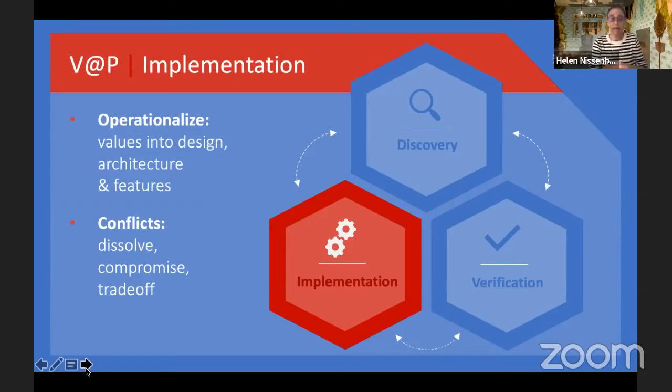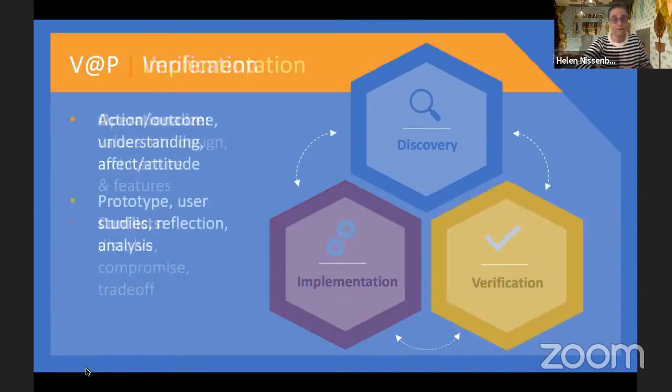But at the same time, you may have values that conflict with one another, and in the TSA case, modesty or privacy are the values. You need to think about how to resolve conflicts in technology. What we offer in values at play is that sometimes, if you're inventive in your design, you can actually get both and dissolve the conflict. Sometimes you can't, and you have to compromise, and finally, you would need to trade off.